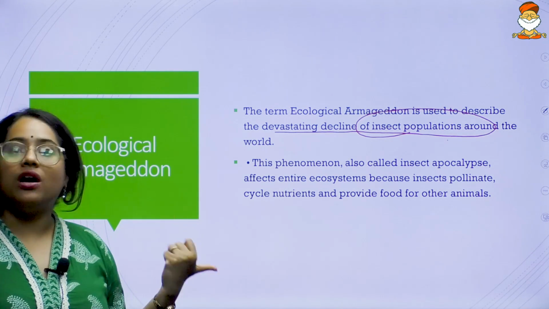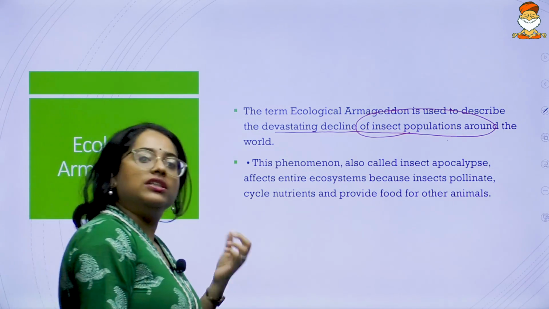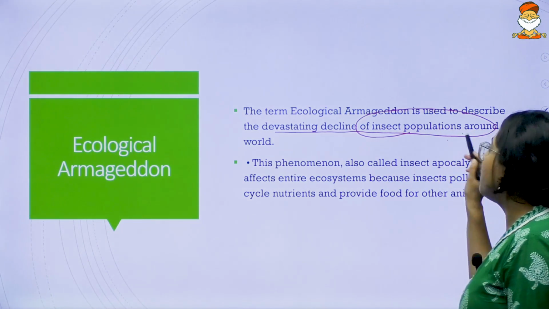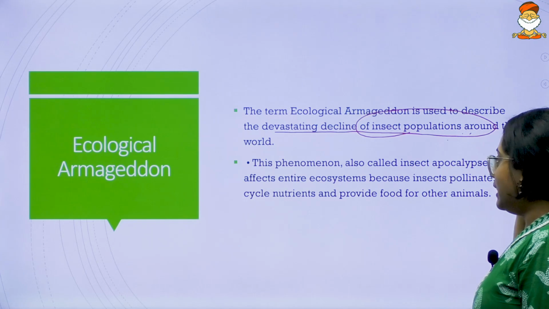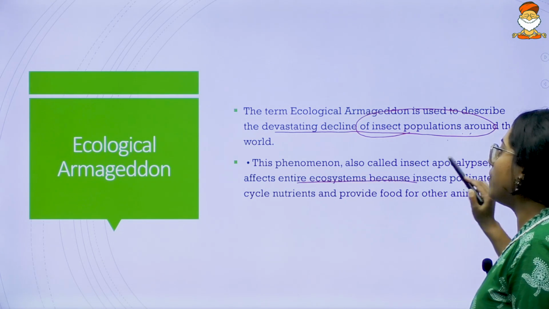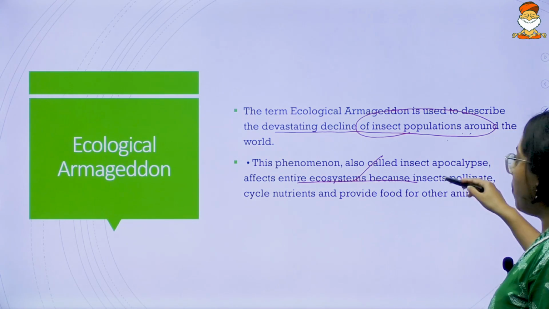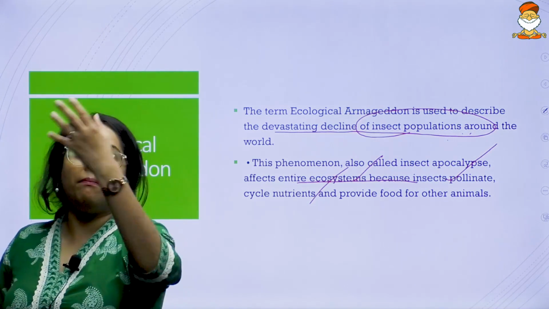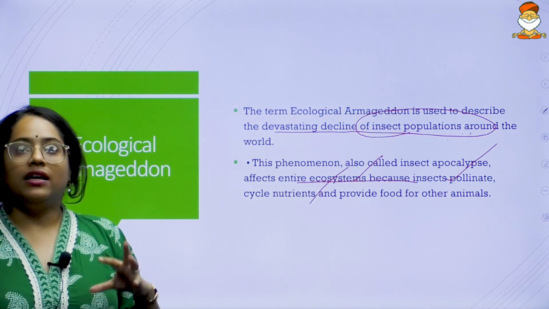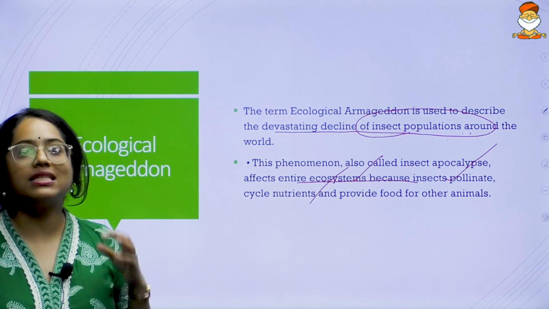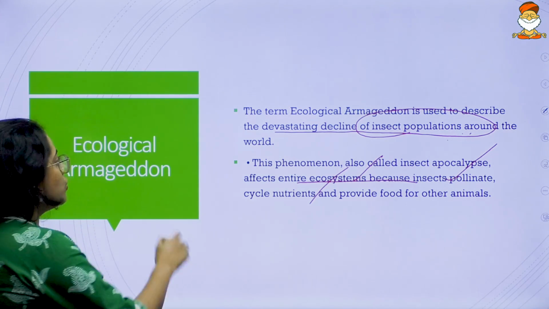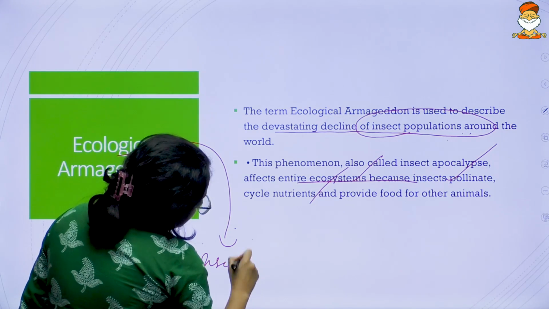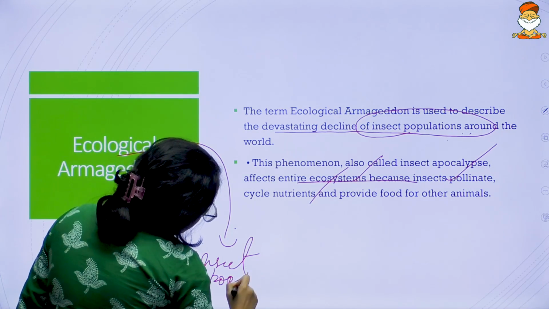Here what has happened is, because of climate change and several subsequent factors, a large number of the insect populations are declining, and this has the potential to affect entire ecosystems, pollination, recycling of nutrients, etc. And the combined effect that is happening in this manner is called Ecological Armageddon. Though it's called ecological, it primarily deals with your insect population.